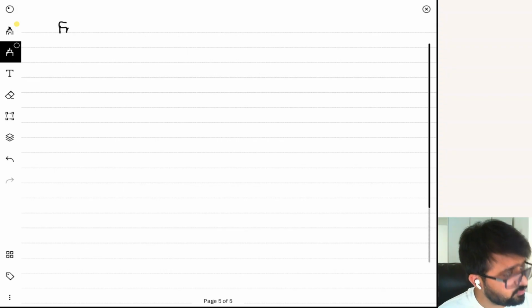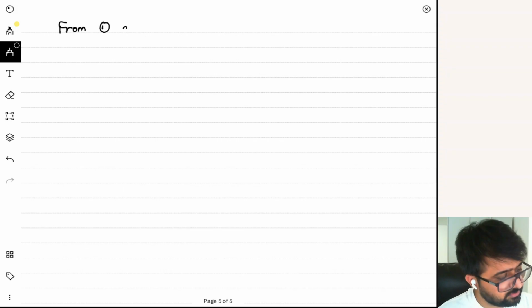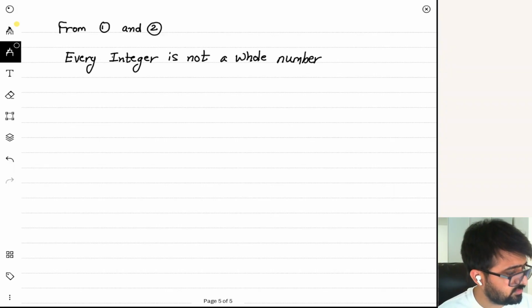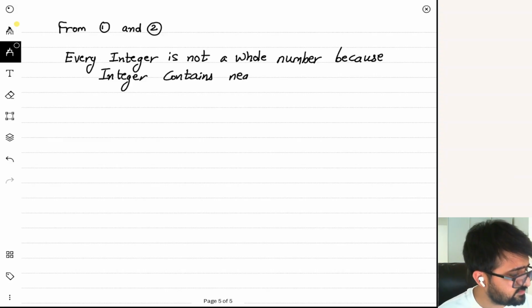We can say from 1 and 2, every integer is not a whole number, because integer contains negative numbers as well.